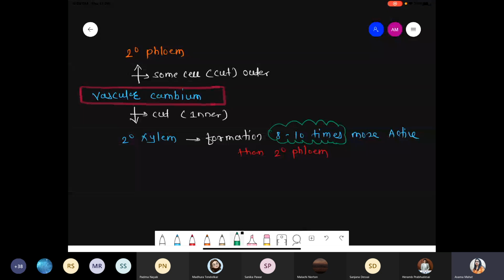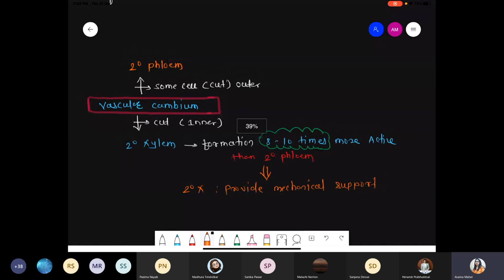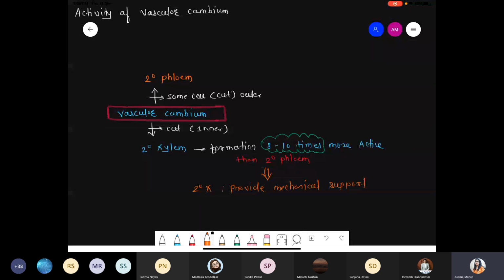The cells rich in sclerenchyma tissue, dead tissue, are all involved in providing mechanical support. That's why, as compared to secondary phloem, the secondary xylem rate is faster.